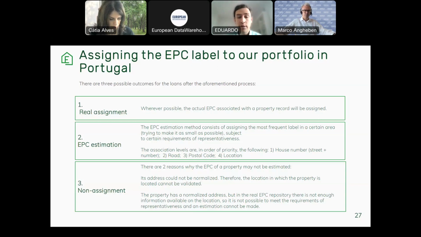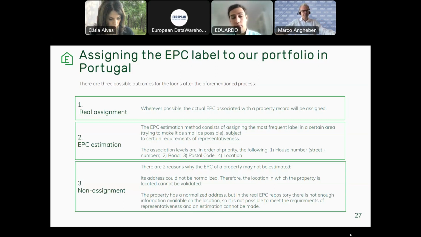There are basically two reasons why the EPC may not be estimated. As we were saying before, if the process of getting the address cannot be normalized, then we cannot continue the process.